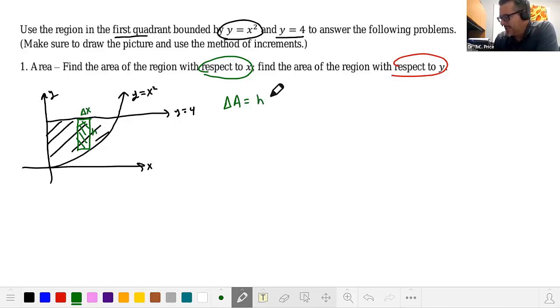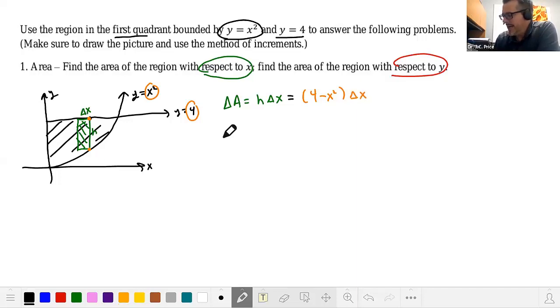And so it's just going to be h times delta x, which equals, well, how do you find h? So h is just this height. Let's use a different color. It's just this height up here minus this height down here. So that's just 4 minus x squared. So this will be 4 minus x squared delta x.